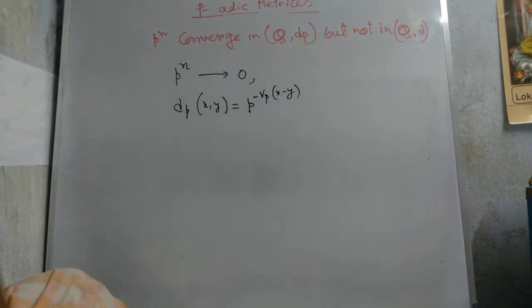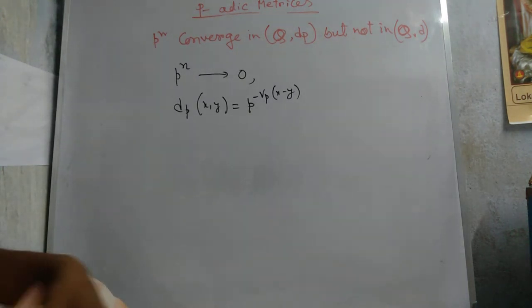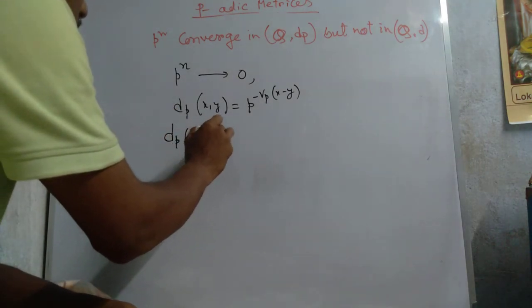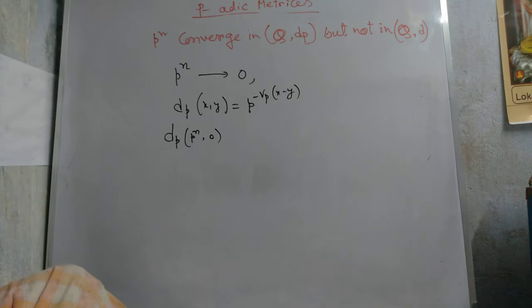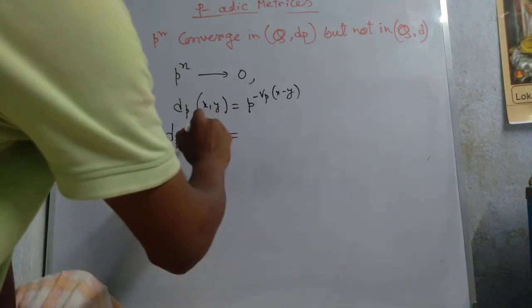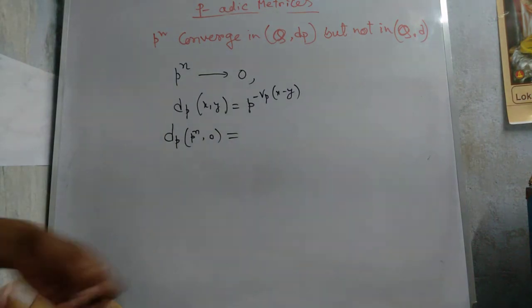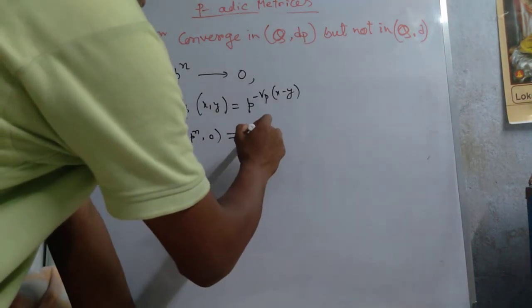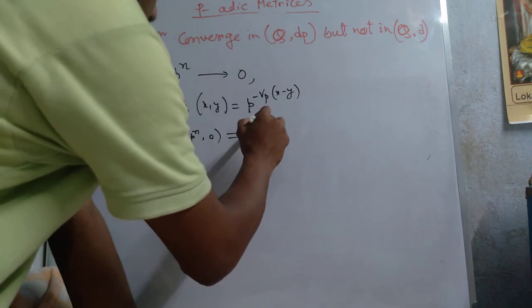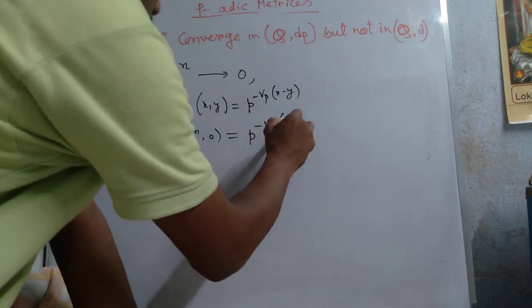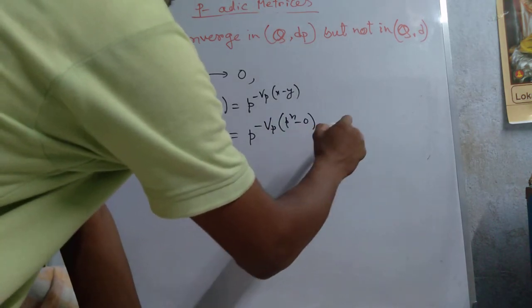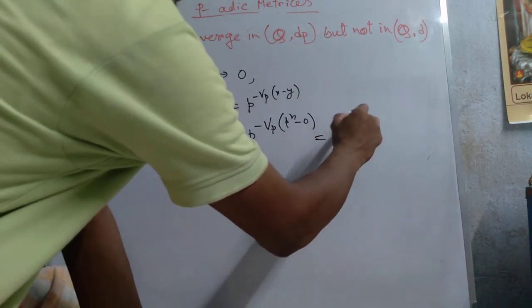That means here d_p(p to the power n, 0) equals p to the power minus v_p(p to the power n minus 0), that means this one is n, so p to the power minus n.